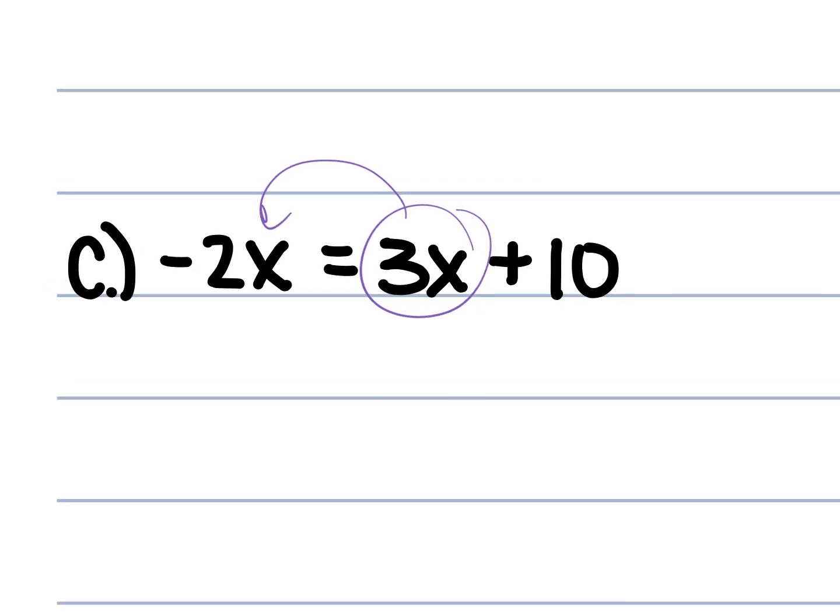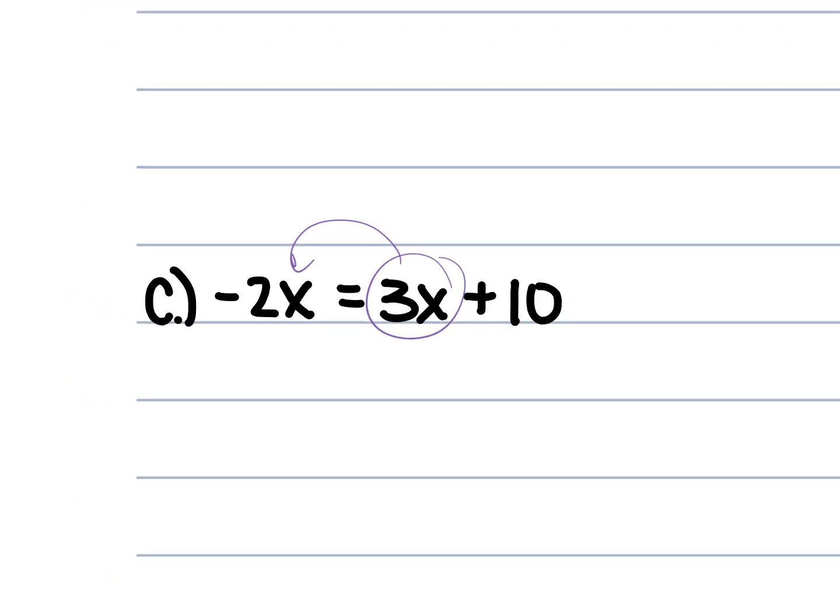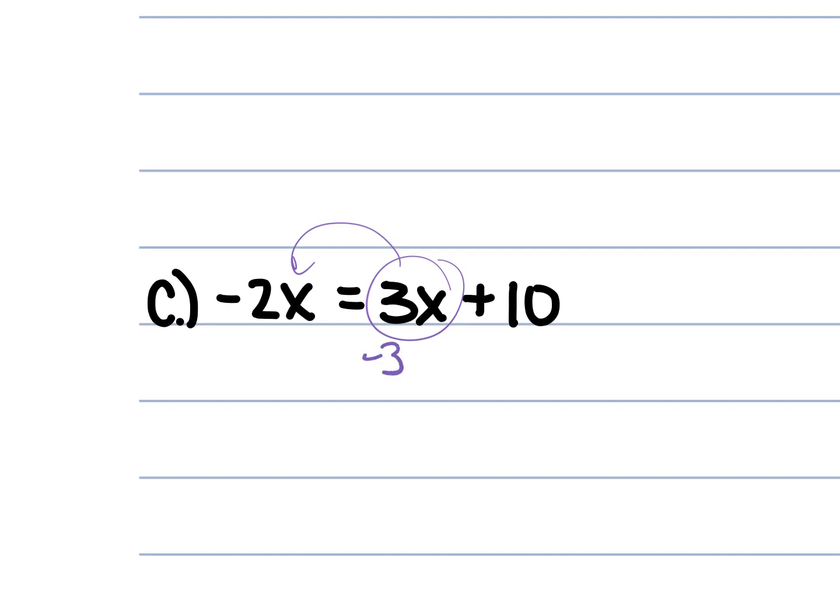So if it's a positive 3x here, I'm going to subtract 3x to move it to the other side. So it'll cancel out on the right. On the left, I have negative 2x minus 3x. If they're both negative, we add the numbers together and it stays negative. So negative 5x. And that's equal to 10.